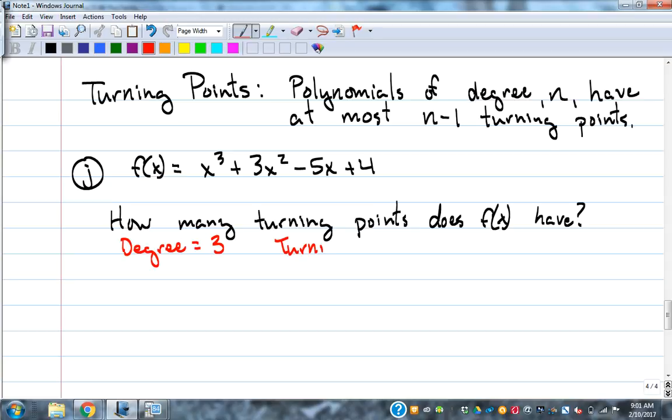Turning points, 3 minus 1 is 2. At most 2. It may only have 1, depending on the graph. We could look at the graph and see that. But instead, if that's the only thing we're asking for, why graph it? You should just look at the degree and subtract 1 from it. That tells you how many you could have. And that's one of the things that we want to know.